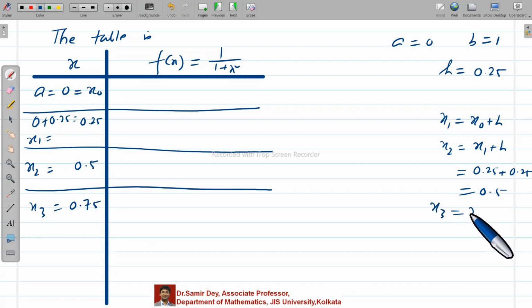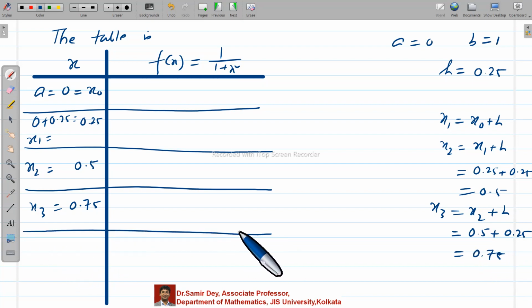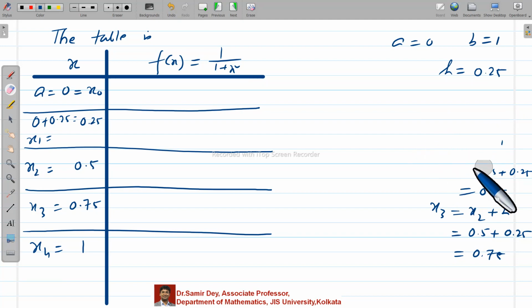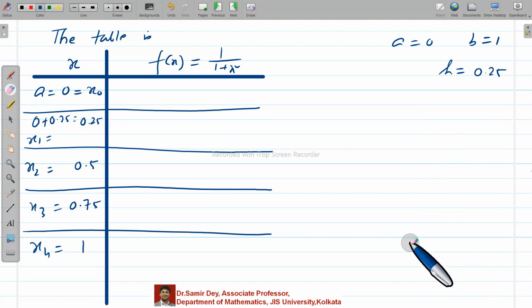x3 is equal to x2 plus h. It means x2 is 0.5 plus 0.25, ultimately it is coming 0.75. Okay, and the next one is x4. x4 is equal to 1. Is it clear?